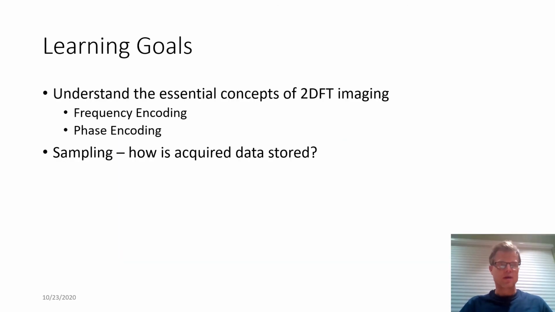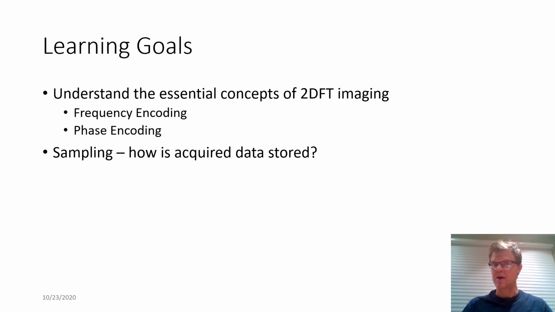Okay, so this is a very important but very focused chapter here on building up these concepts of frequency encoding and phase encoding, and these are essential to understand this 2D-FT type of imaging.